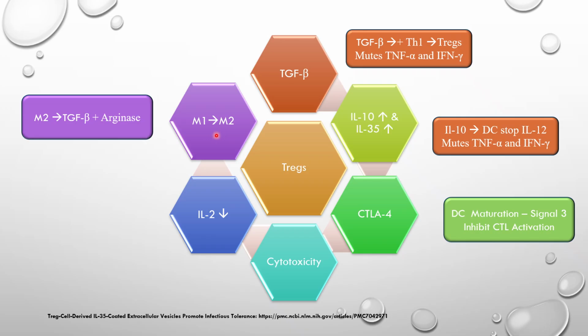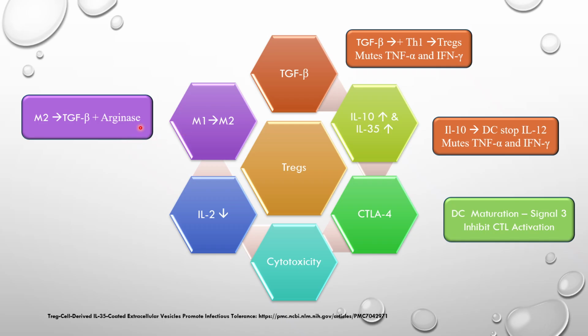M1 to M2, these are the macrophages, are converted to M2 in that environment, and M2 is anti-inflammatory, and that pumps out even more TGF-beta, which then converts more T helper cells into Tregs. And also TGF-beta binds with arginase, or I can't remember, but arginase is required.